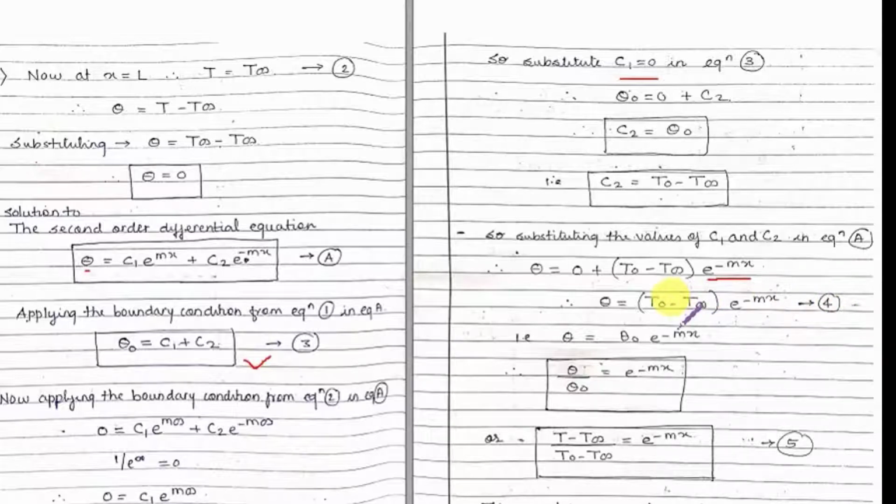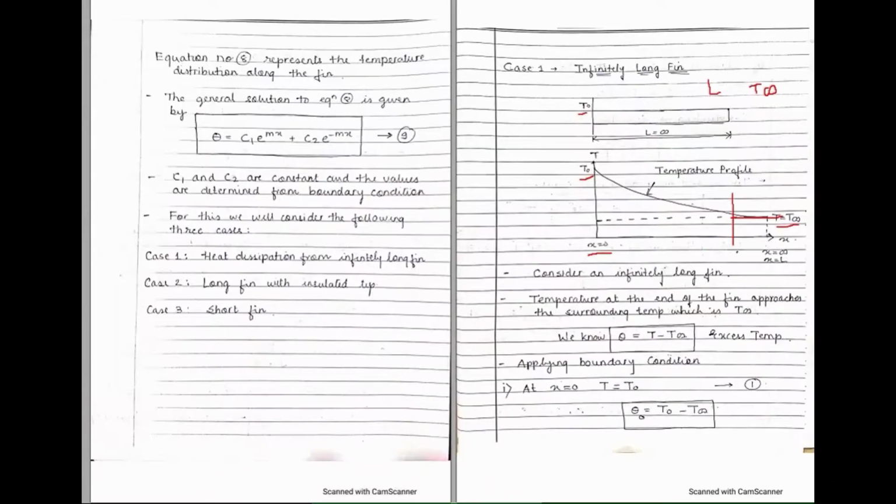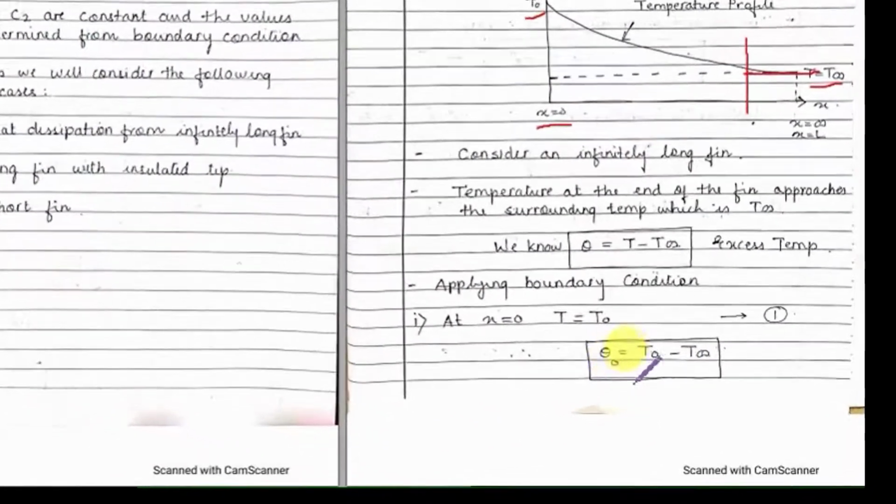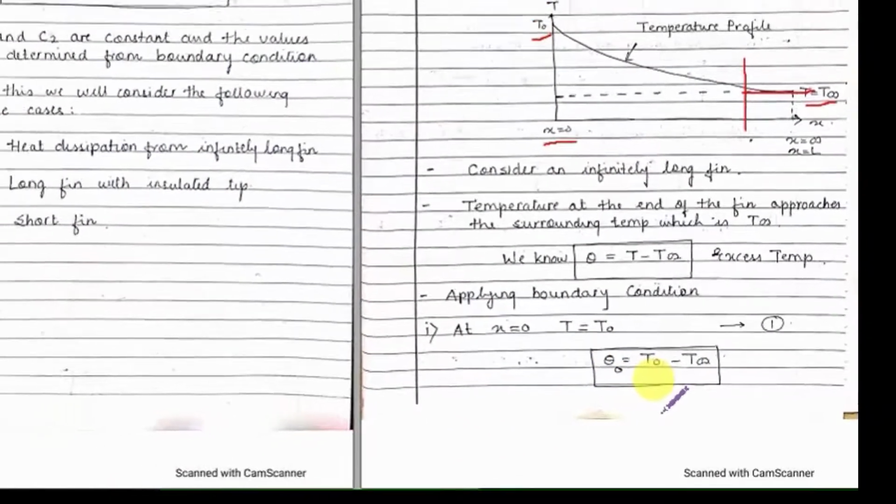Now what we can write down? We can write the same equation as theta is equal to T0 minus T infinity. It is nothing but theta 0. Theta 0 is equal to T0 minus T infinity.